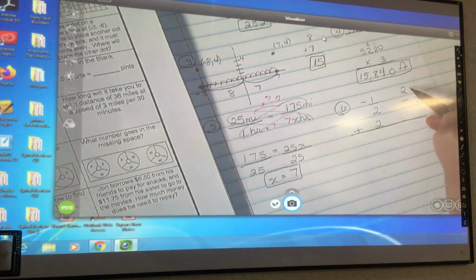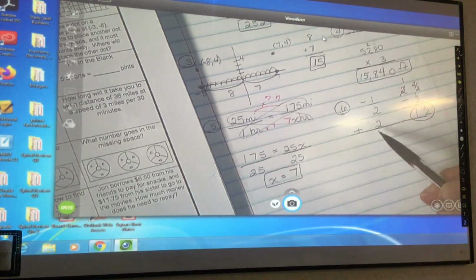No. So the 2 becomes a 1, and this becomes 2 halves. So 2 halves minus 1/2 is 1/2. 1 minus nothing is 1. Then your rule of integers is you take the sign of the bigger number. Well, is 1/2 bigger or is 2 bigger? 2 doesn't have a sign because it's positive, so it just stays positive.